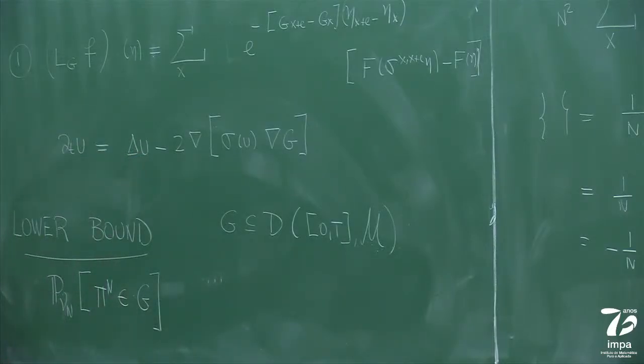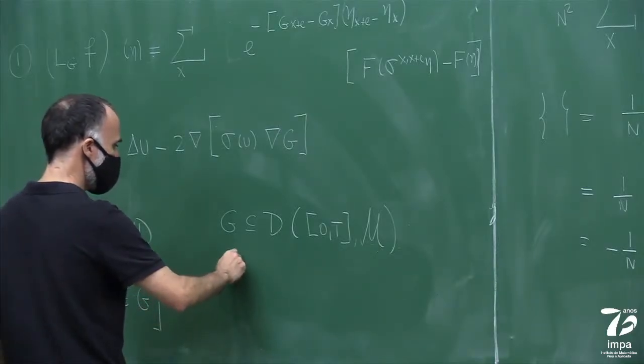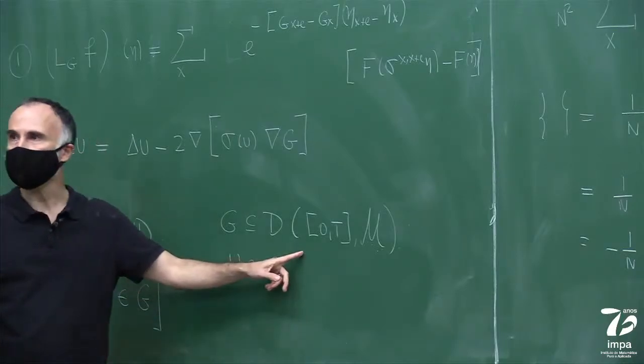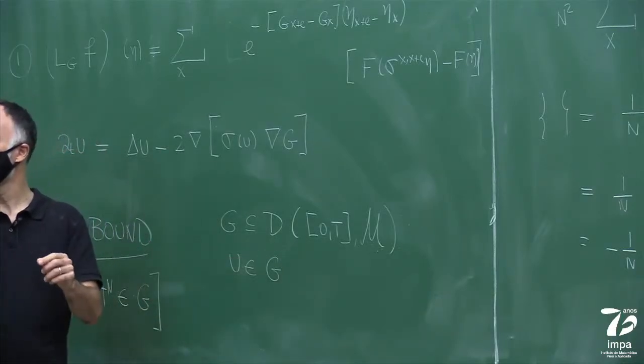So let me fix some u which belongs to G. It's an element here, so it's a trajectory.